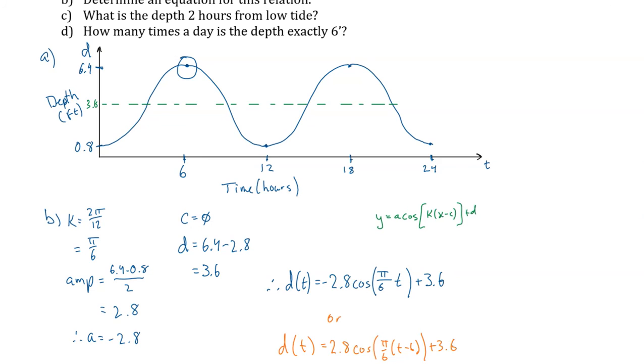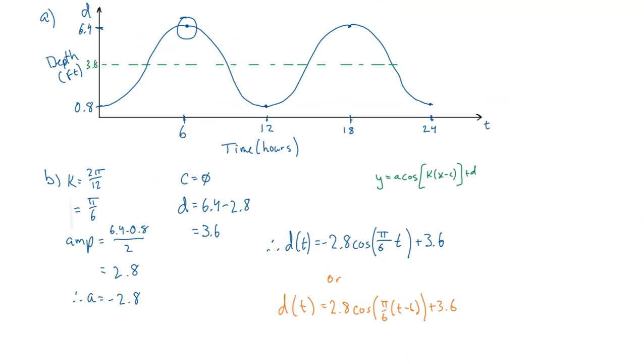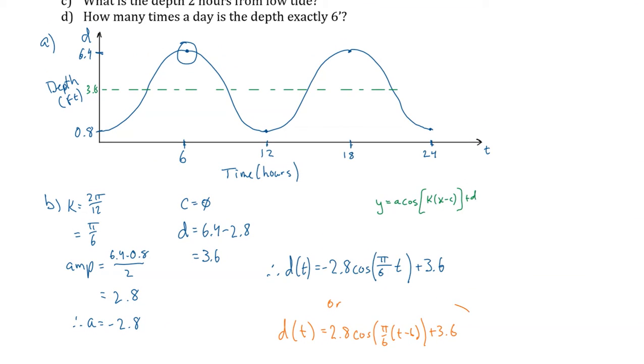Okay, so C, what is the depth 2 hours from low tide? How do we do it? You sub 2 in for T and then just... Very nice. Now, if we had used that formula, how would we do it? It would have been a little bit trickier, wouldn't it? So it's good that we have a formula starting at low tide, because that's going to help us. I guess you would have used like -4, so you would have to figure out the relationship between 2 and 6 hours or something.